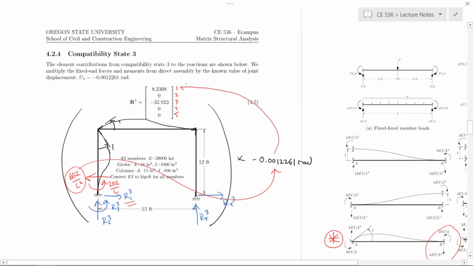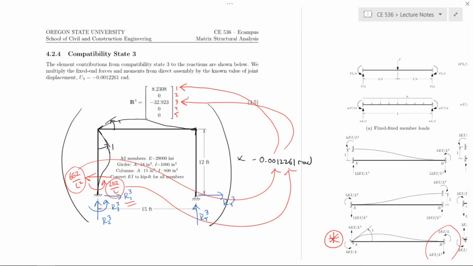And then that gives us this positive contribution to R1. All right, R2, 0. R3 is going to be 2EI over L, arrows rotating in the same direction, times negative 0.12261. And that gives us that negative 32.923. So we'll keep this vector and sum it up at the end.